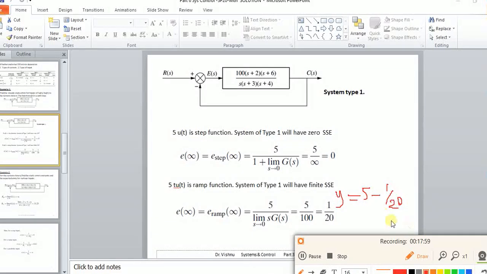That is the meaning of this 5 minus 1 over 20. Whereas if you apply a step input, this 0 indicates that the steady state output will be 5 minus 0, that is 5. This is how we should interpret these numbers.